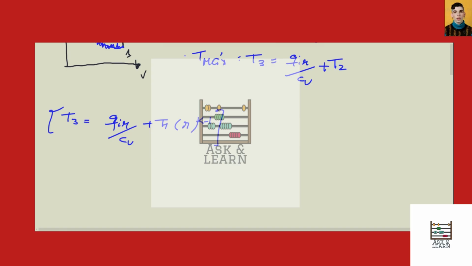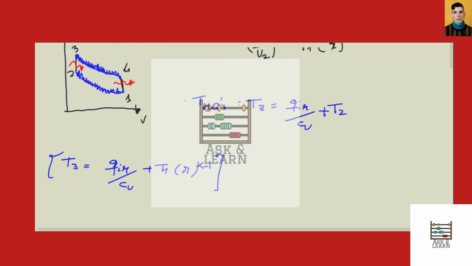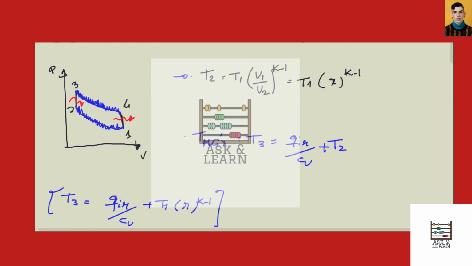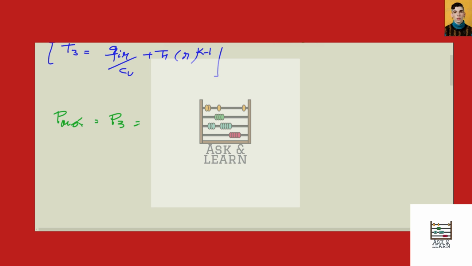Now we have to look to the pressure. And well, the maximum pressure also occurs at the pressure 3. So the maximum pressure is the pressure 3, and is given by the ideal gas law. So this is PV equals RT, so this is R T3 divided by the volume 3.